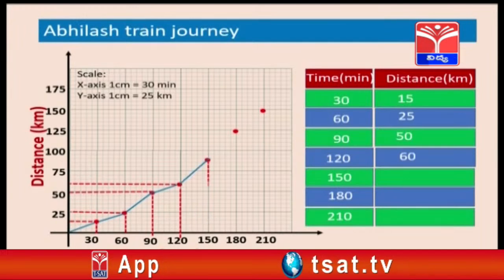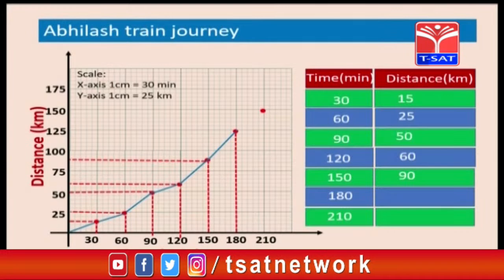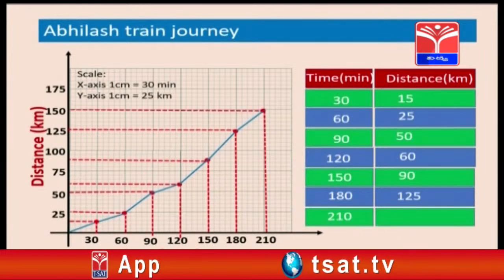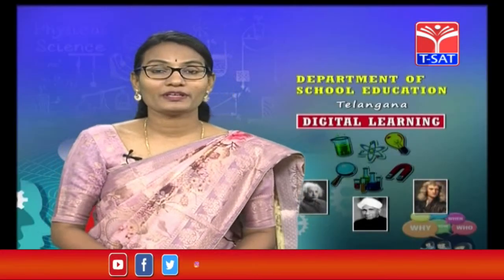After 150 minutes, it covers a distance of 90 kilometers. And after 180 minutes, it covered a distance of 125 kilometers. And after 210 minutes, it covered a distance of 150 kilometers. So this is the way of writing the values by observing the graph.